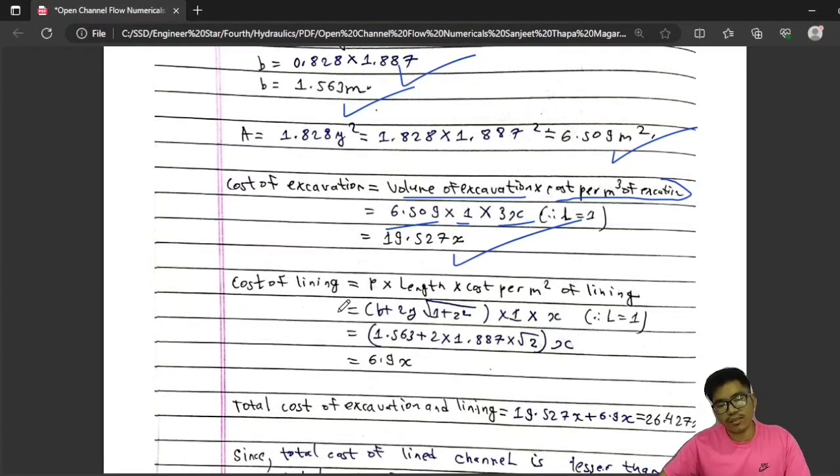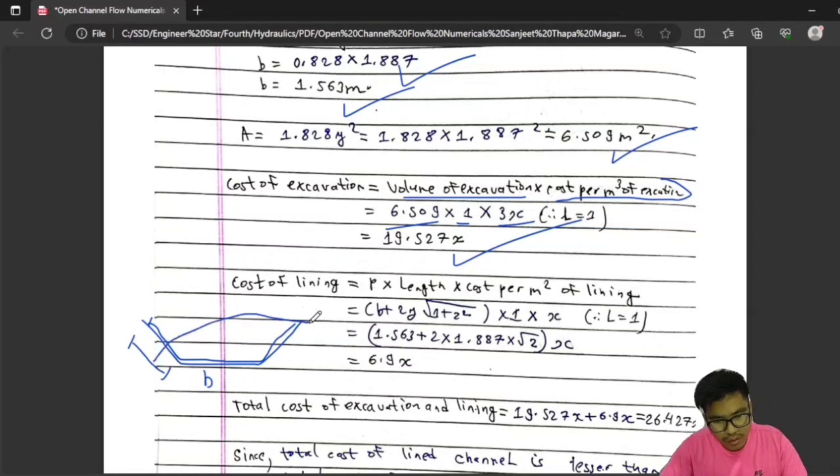Cost of lining is, lining is done here and here. This is the wetted perimeter, that is this is B, and this is y root under 1 plus z square, and there are 2, so two sides.